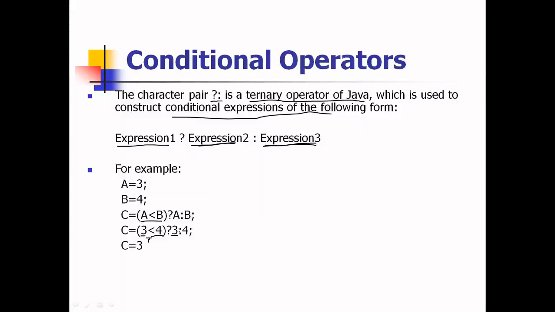Means value 3 will be the value of this complete expression. If this condition is false, then value 4 will be the value of the expression. But in this case, this condition 3 is less than 4, it is true. So the value of this variable c is 3. So this is how you can use this conditional expression for two-way decision making in Java program.